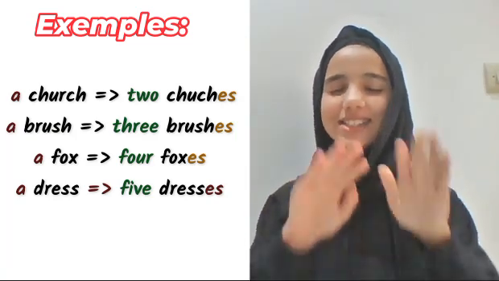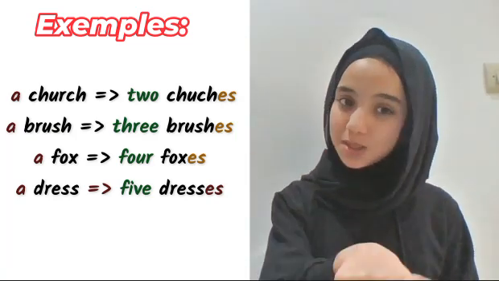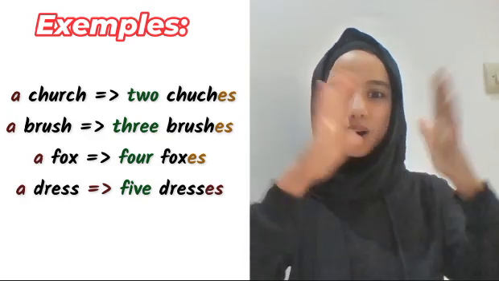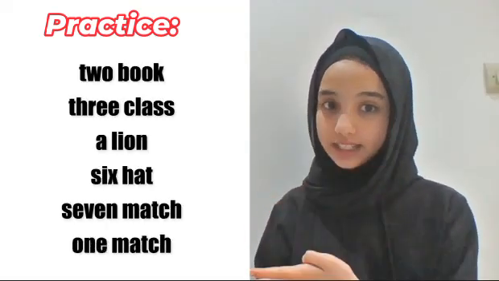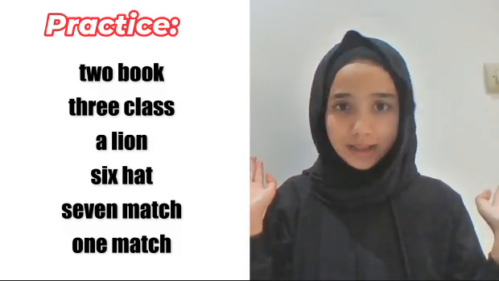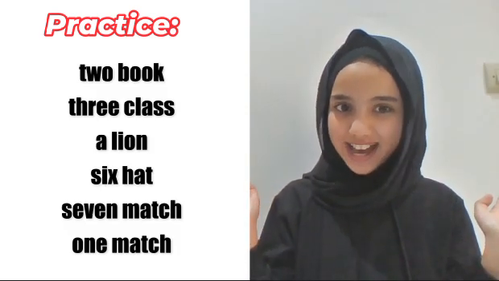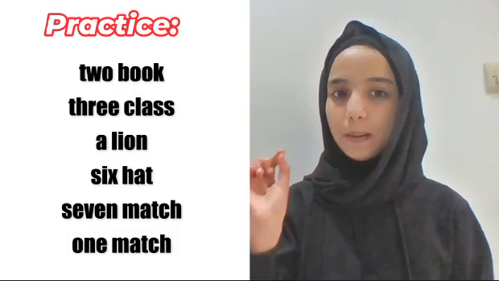Let's move on to the last part, the practice exercise. In this exercise, you have to know whether we should add s or es, or leave it as it is. First word, book.